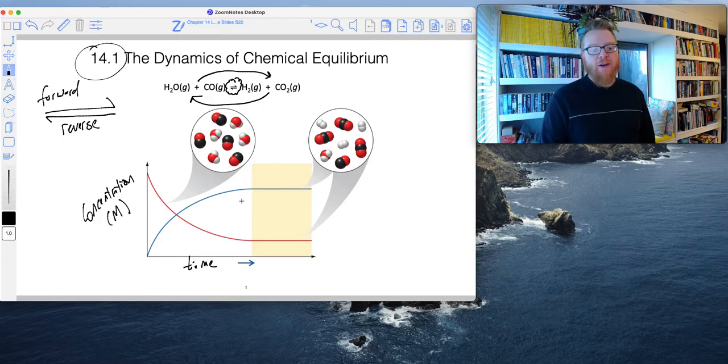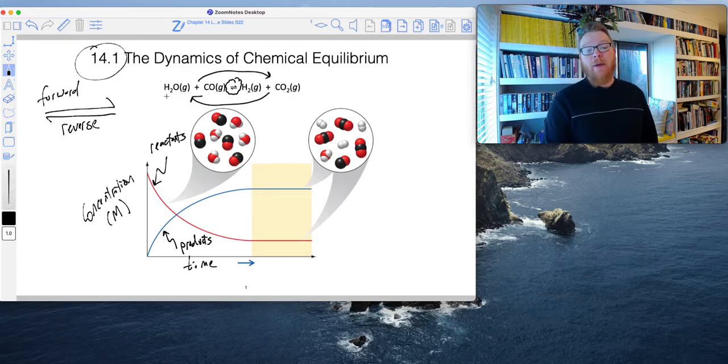And we note here that in red, we can see that these would be our reactants. Okay, oops, let me try to write that again. All right, and in blue here, this is our products.